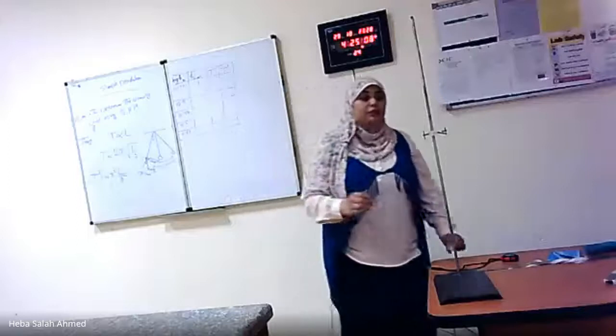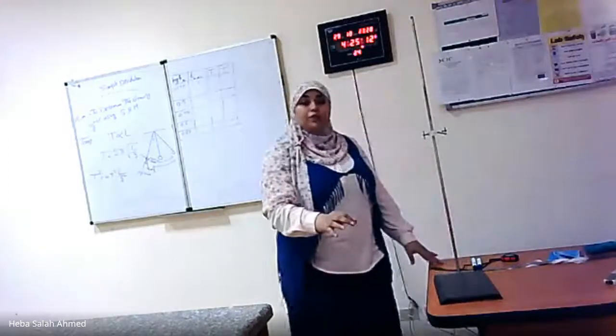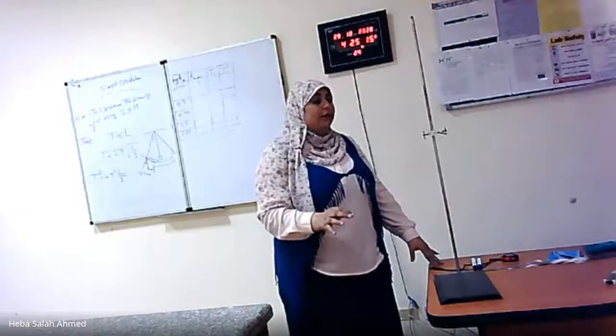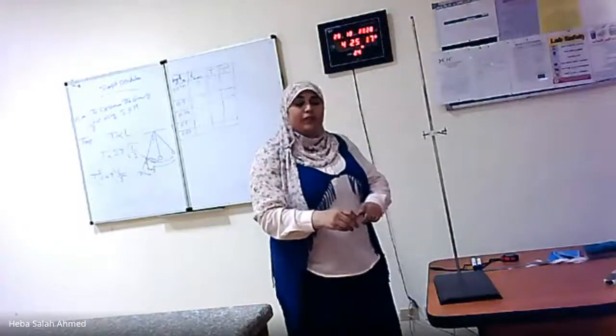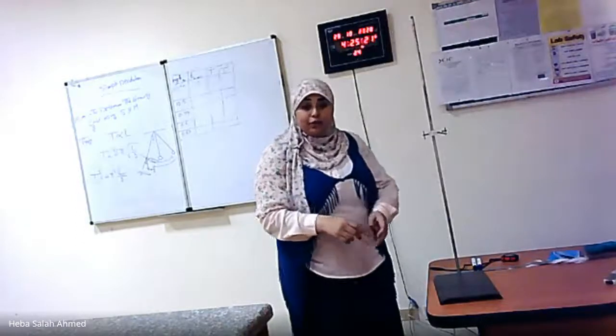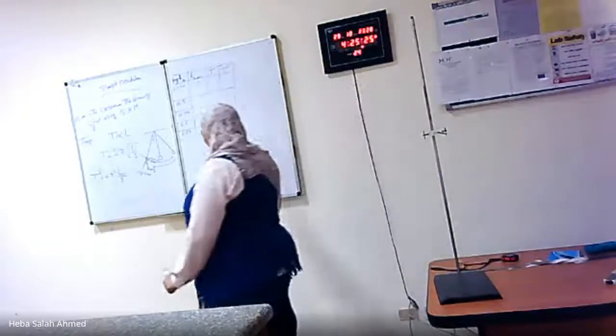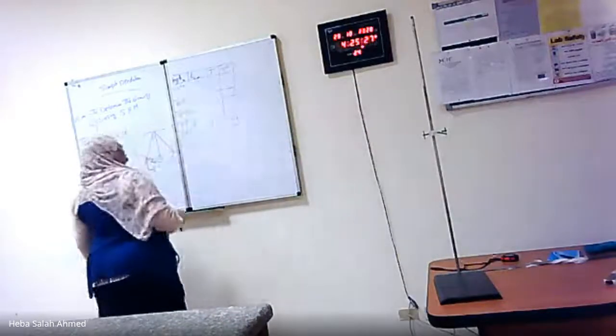For example, if you're trying to illustrate how a complete oscillation occurs, we start from here. When it comes back to the same position, the time it needed to move from this position back again is the periodic time. So in the table, we need to add a column for 10 oscillations.